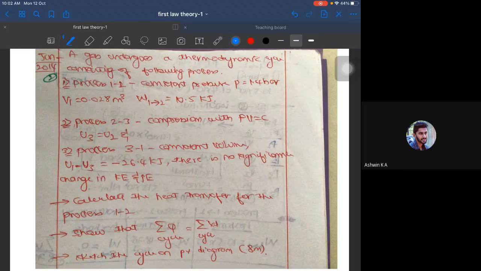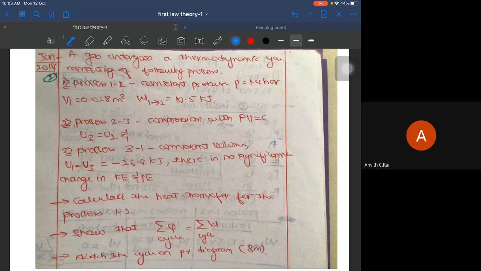Ashwin K, present, sir. Amrit, present, sir. Anvit, present, sir. Amrit and Anvit both are there. Amit, present, sir. Okay. Akshay R. Kotian, present, sir.